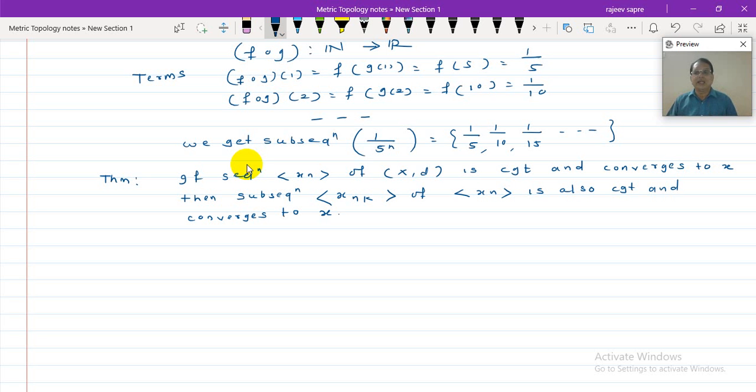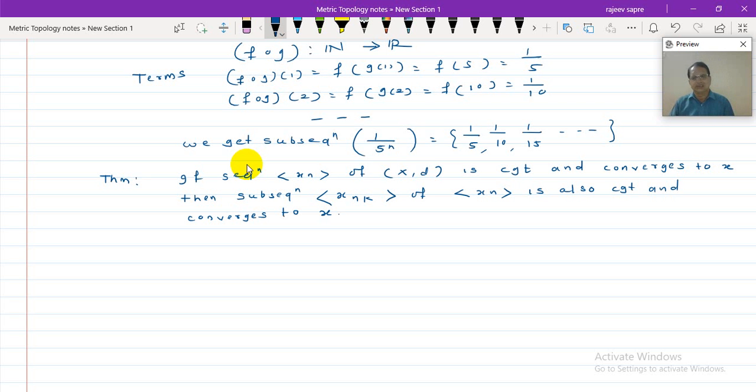We are nowhere claiming that if the sequence is not convergent, the subsequence is not convergent. Nothing of that sort we are claiming. You can give examples of sequences which are not convergent but whose subsequence is convergent. But whenever the sequence is convergent, sure shot its subsequence is convergent and it converges to the same limit to which the sequence converges. This proof is not difficult.